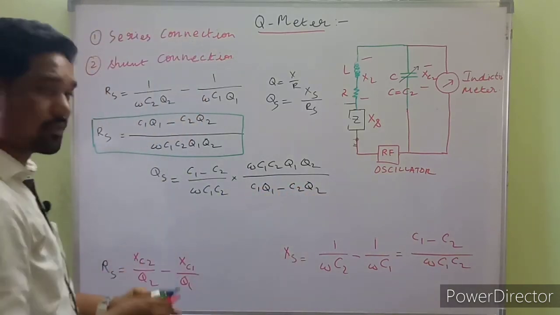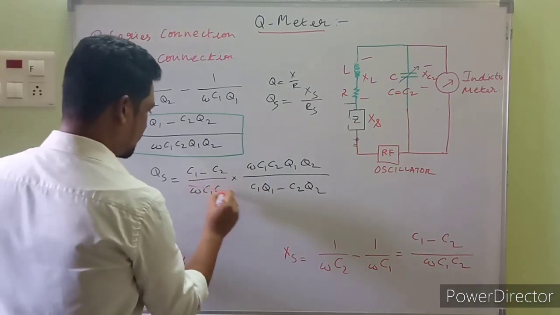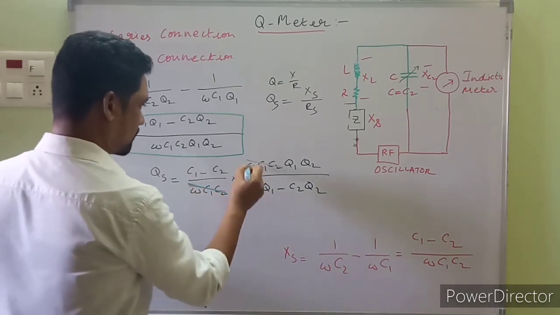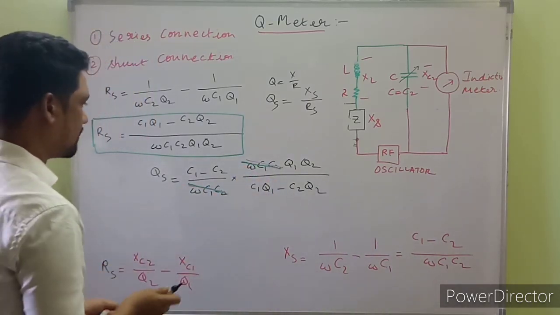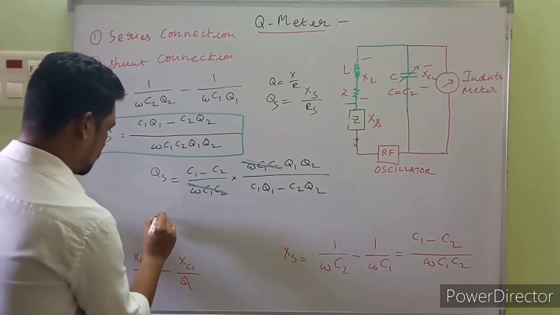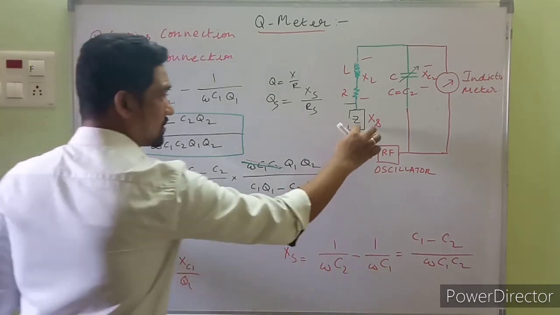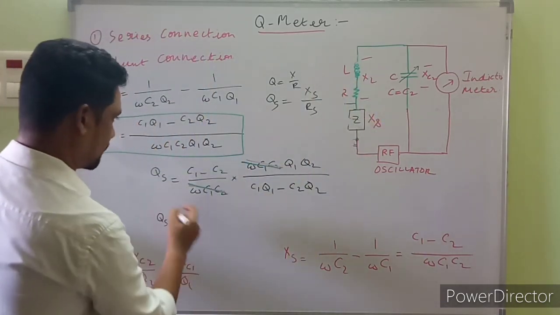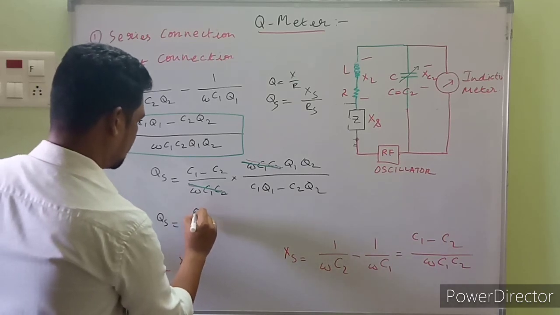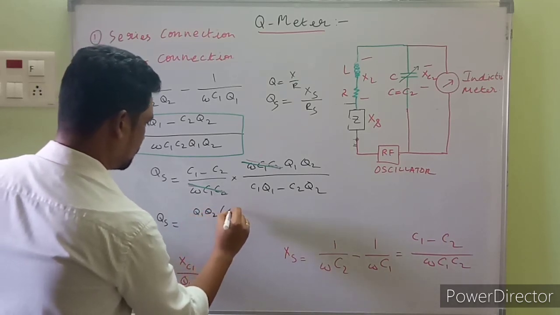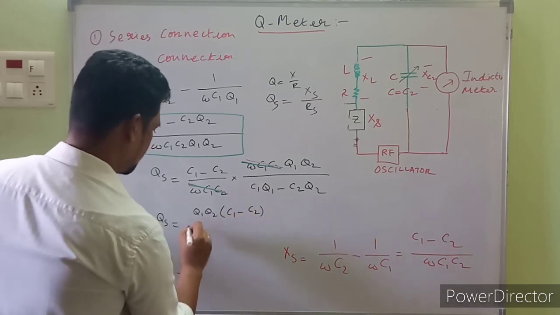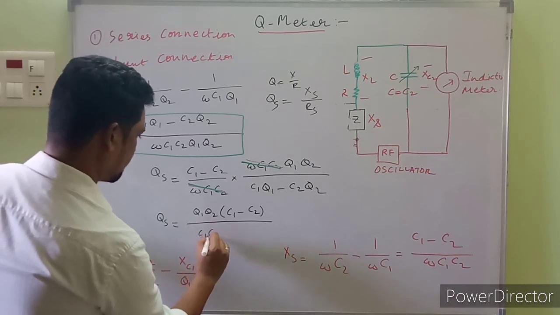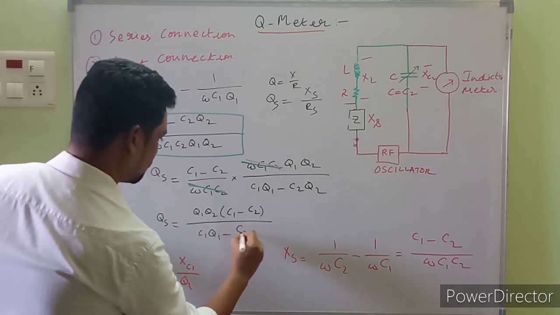Guys, something gets cancelled over here almost at the end. Omega C1 C2, omega C1 C2 gets cancelled. Can you see this? And finally, the quality factor of the unknown impedance connected in series is given as Q1 into Q2 into C1 minus C2, and in the denominator we have C1 Q1 minus C2 Q2.